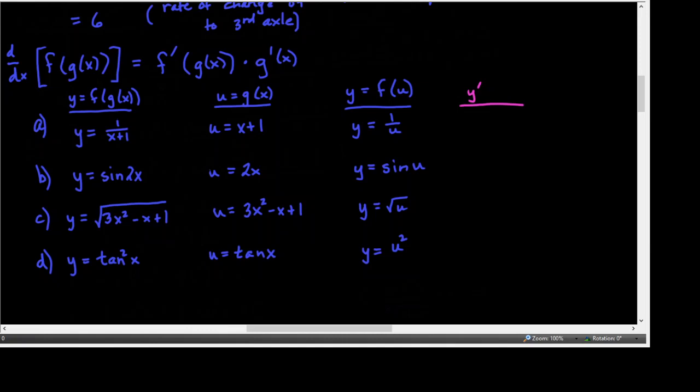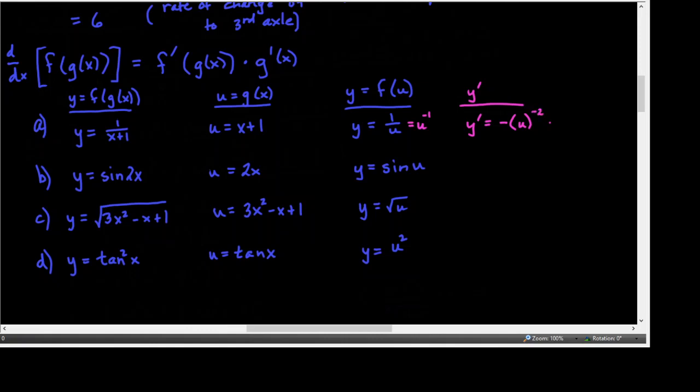Well, the derivative of 1 over something is going to be, well, first of all, let me write something over here. We'd want to think of that as u to the negative 1 for derivative purposes. So the derivative is going to be the rule for the outside function, which is the right-hand column, is we're going to take negative 1 times our something and decrease the power by 1.